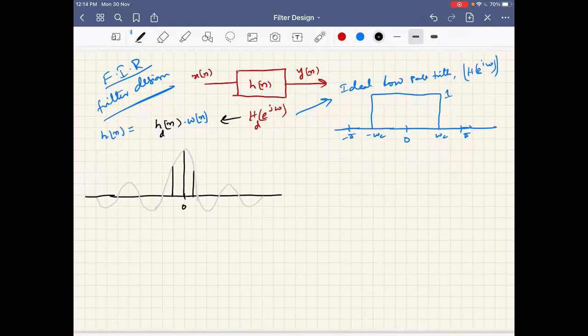I think I skipped one line here. In fact, it has to be symmetric, so let me see if I can make that symmetric.